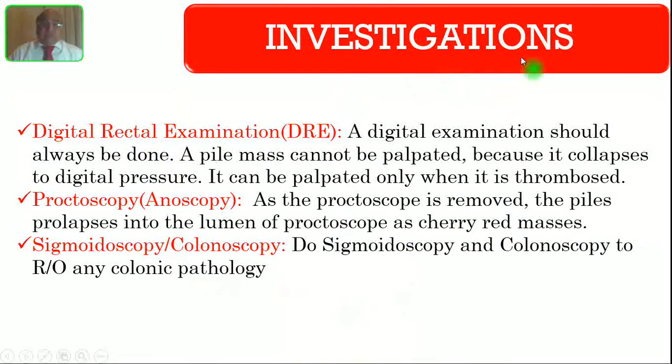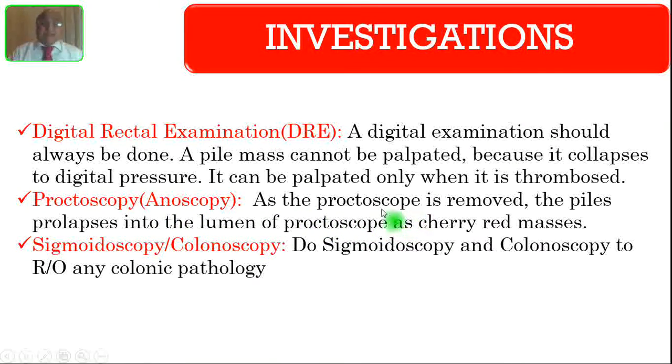So coming to the investigation, you can do a digital rectal examination, but you cannot palpate this pile mass because these are all compressible things. But you can palpate this hemorrhoid if it becomes thrombosed. But the diagnostic test is you must do proctoscopy or anoscopy to confirm your diagnosis.